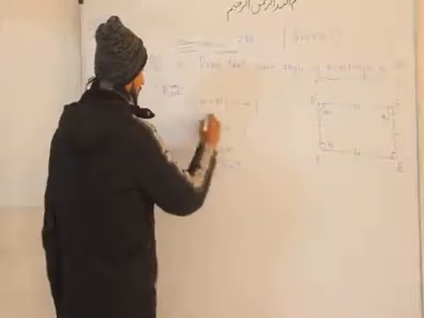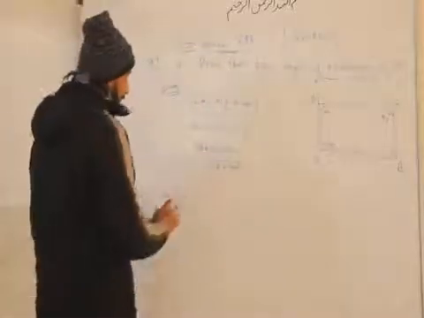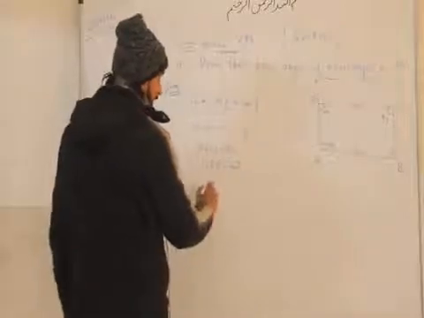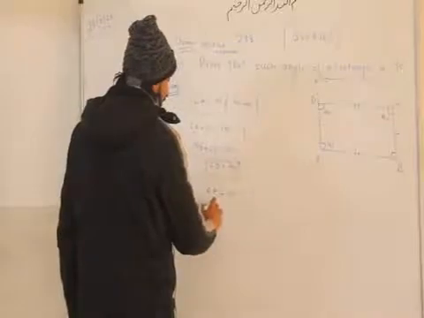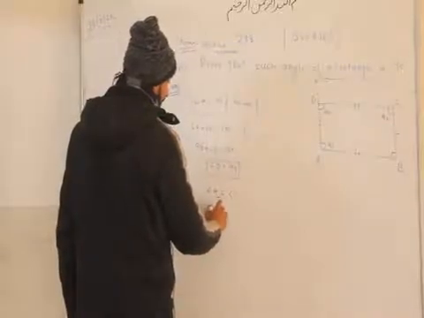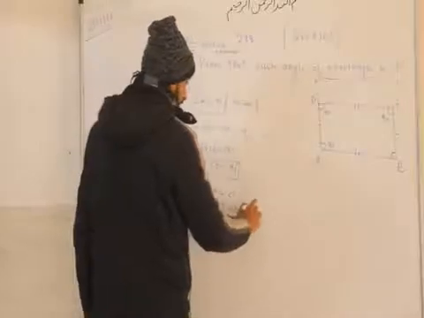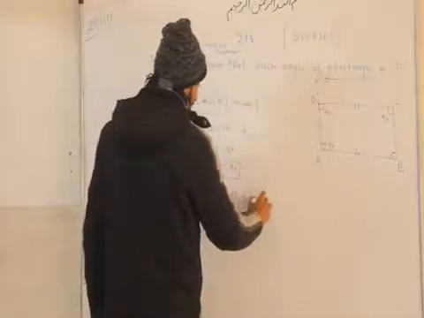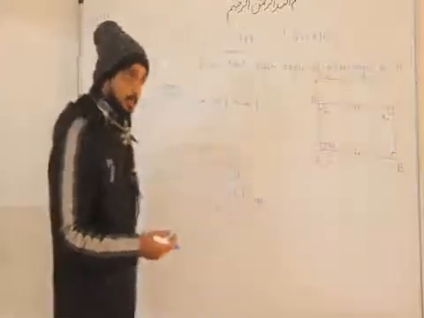So we can find that angle D must be equal to 90 degree. A is given 90, D we have found 90 degree, and also we can write angle A is equal to angle C. Similarly, angle B is equal to angle D. The reason is that opposite angles of a parallelogram are equal, or we can say the opposite angles of a rectangle are equal.